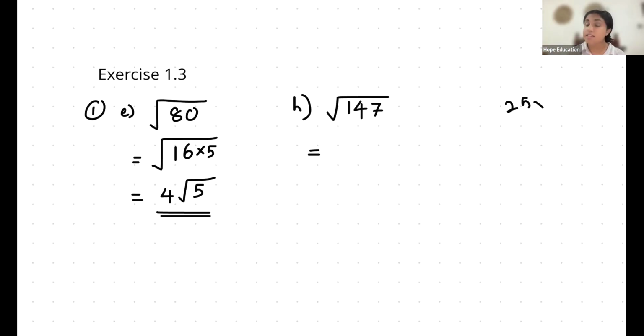Next perfect square is 36, that doesn't work. Next square is 49. We can see 49 times 3 is 147. That is how we do it if it isn't obvious at first. So that is 49 multiplied by 3. Square root of 49 is 7. So it's 7 root 3.